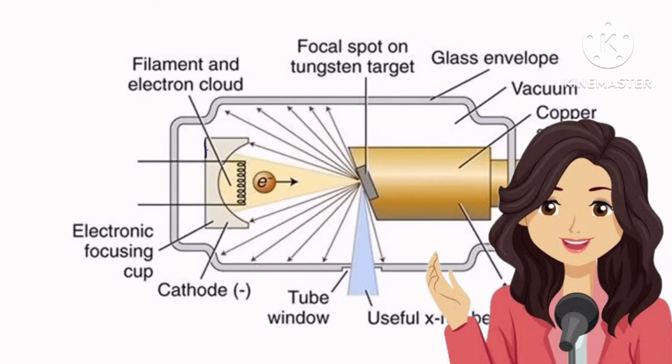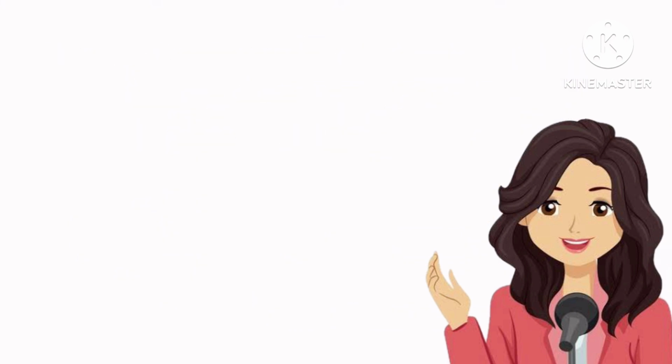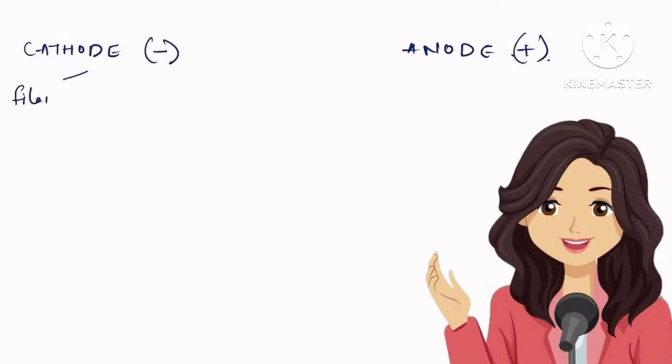You have the cathode here. What are the components in the cathode? That we are going to see. So we have the cathode and we have the anode. The cathode is negatively charged, the anode is positively charged. The cathode consists of a filament, which is made of tungsten, a tungsten filament.